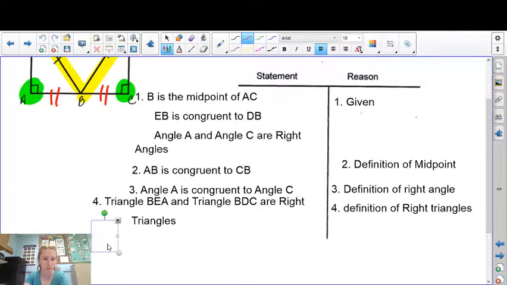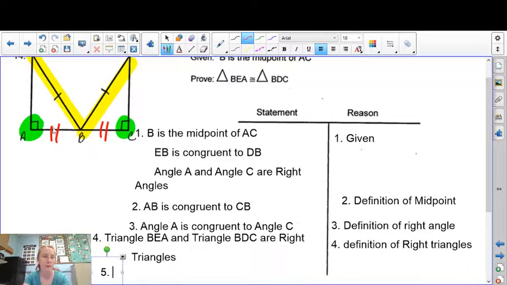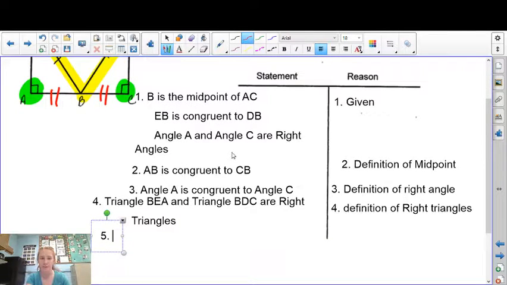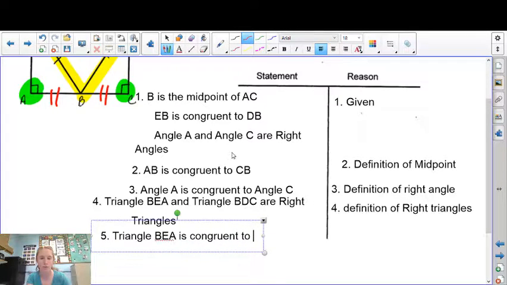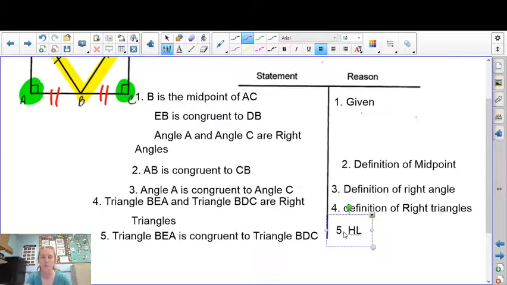So therefore, since I talked about having the hypotenuse because they're equal, and I have this leg equal, and I have a right angle, and I have a right triangle, I could say triangle BEA is congruent to triangle BDC. And our reasoning here is hypotenuse leg.